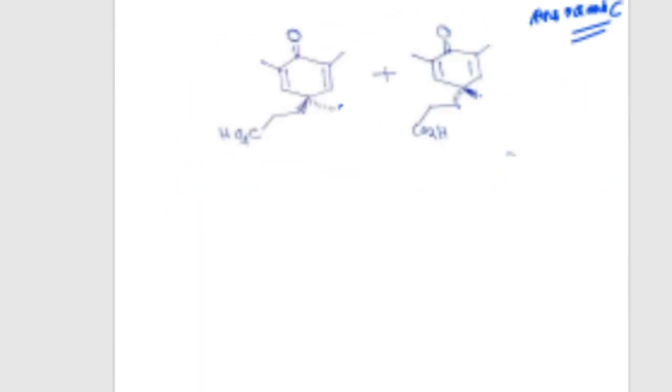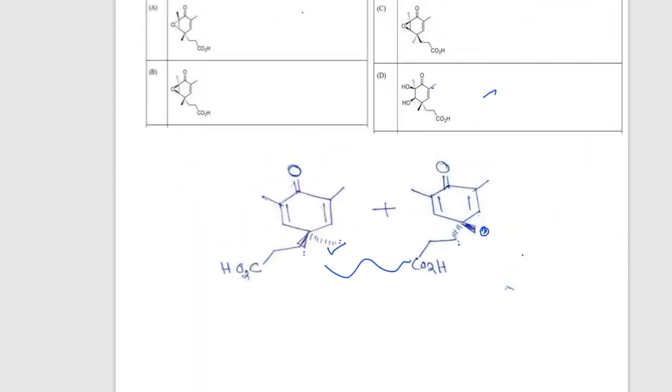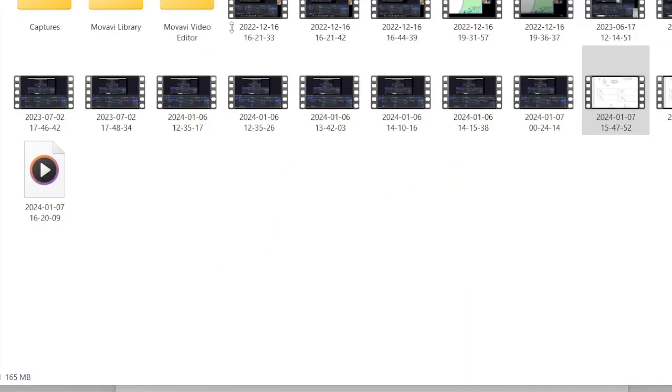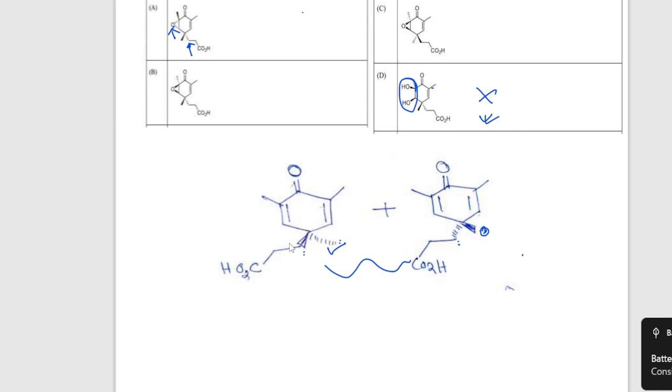Now going to the options. First, we will cancel this option because no epoxide ring is there. So first we will eliminate this option. Now go to the next options. In the second option, you see that this is on the downside and this epoxide ring is also on the downside.